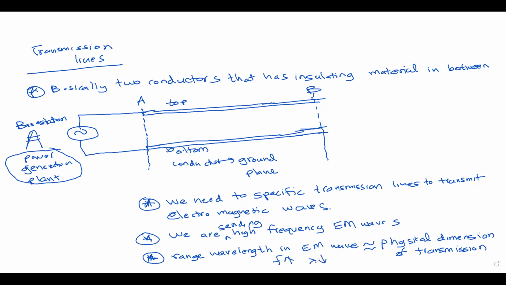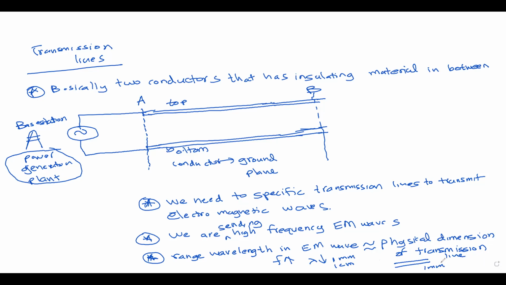If the wavelength is low, sometimes it could be in the range of 1 millimeter or 1 centimeter. Also, the physical dimensions of the transmission line could be in that range. In cases where we have cables or transmission lines with a width of 1 centimeter or 1 millimeter, we say that the physical dimension of the transmission line is almost equal to the wavelength of the EM wave.